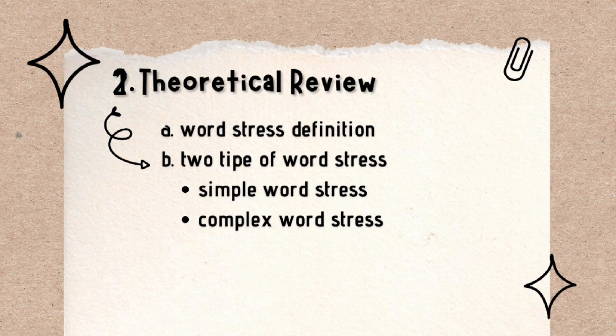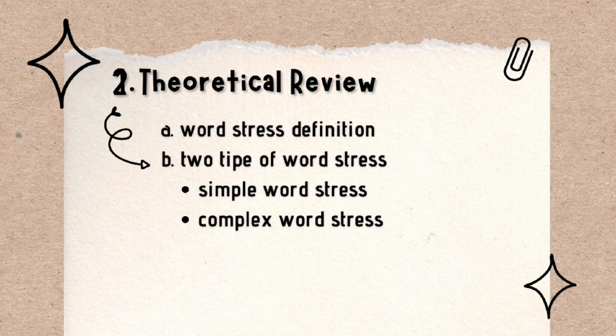Types of word stress. 1. Simple word stress. The stress placed on syllables within words is called simple word stress. 1. Two-syllable nouns. If the word is a two-syllable noun, we usually place the stress on the first syllable. 2.